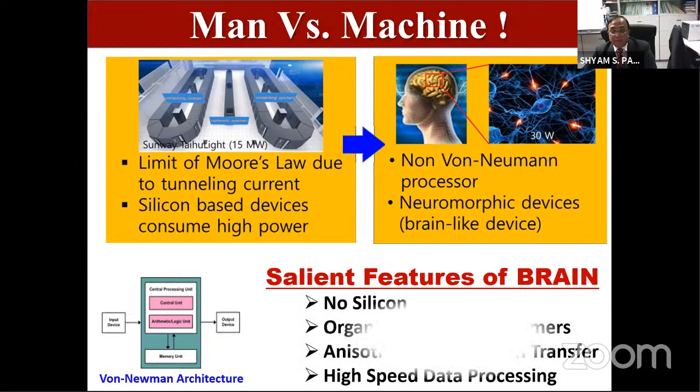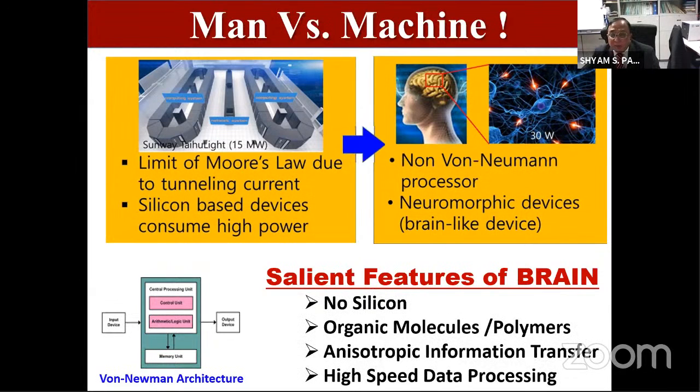The beauty is, brains don't need silicon. They have organic molecules and polymers. And the beauty is very anisotropic information transfer. There is no crosstalk. The information of touch, sight, smell, feeling, moving in parallel at micron distances, but still there is no crosstalk. Such things, physicists know, go with perfect crystals and very high speed data processing.